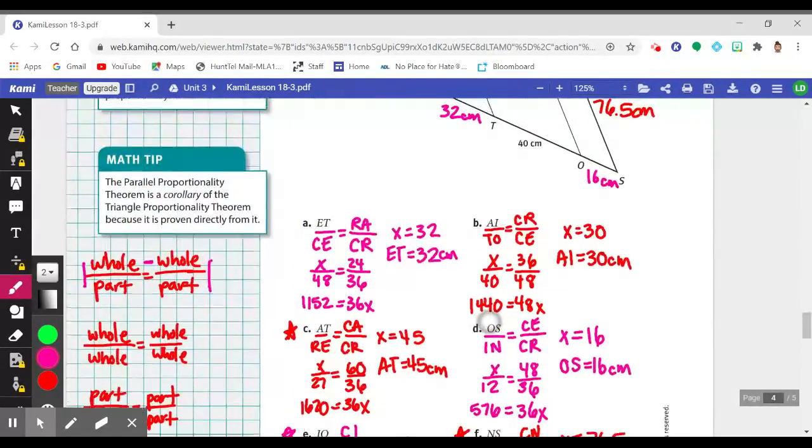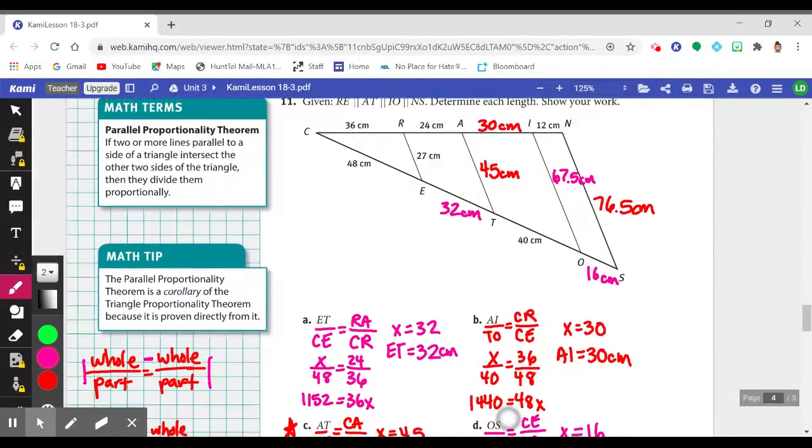So without further ado, let's take a look. ET, first thing I want to point out, ET is a part of a triangle, not a whole side. So notice what I compared it to. You could either view CE as technically a whole side of triangle CRE, or you can compare it to a part of triangle CAT.